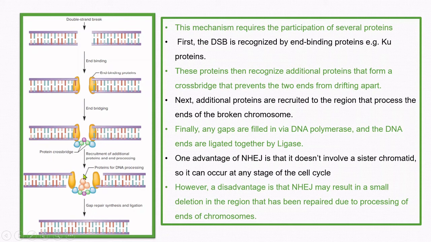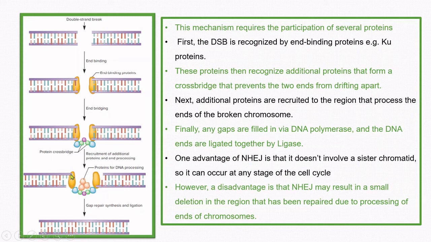Then some more DNA processing proteins are recruited in this region, and these proteins process the ends of the DNA molecule. Finally, if there are gaps, they are repaired by DNA polymerase and the ends are sealed together by the enzyme ligase.